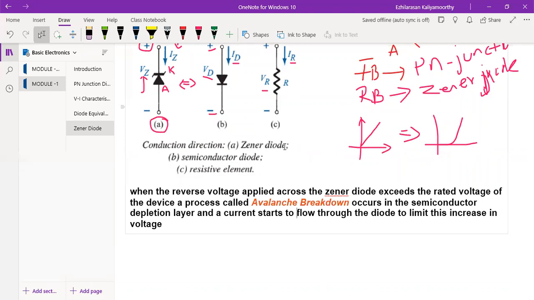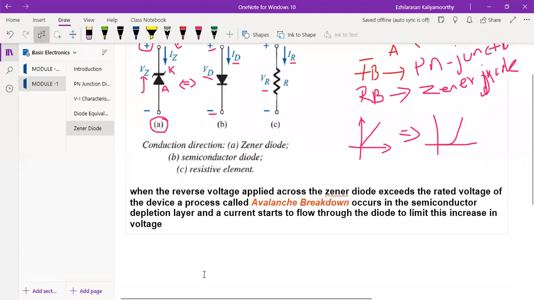So when the voltage exceeds the rated voltage given by the manufacturer, a process called avalanche breakdown occurs in the semiconductor depletion layer, and current starts to flow through the diode to limit this increase in the voltage.